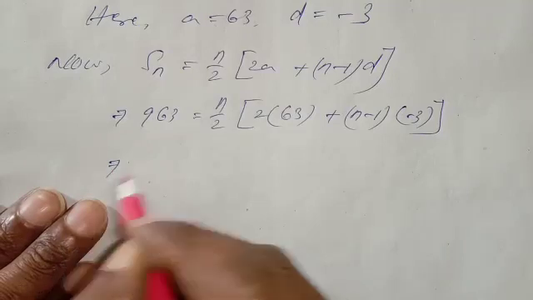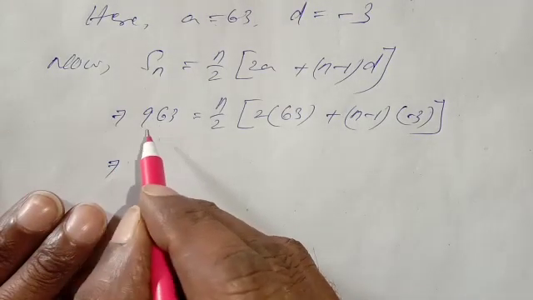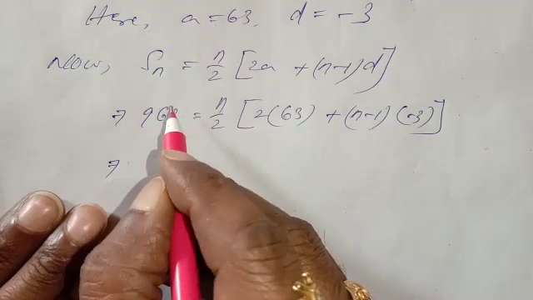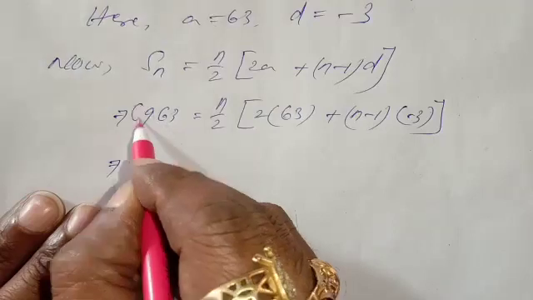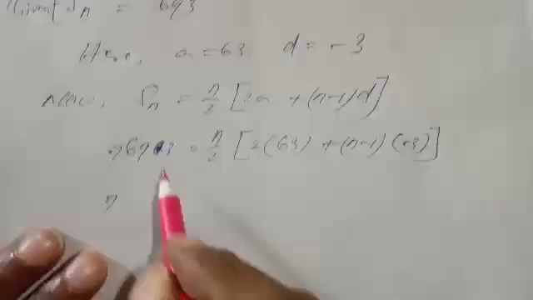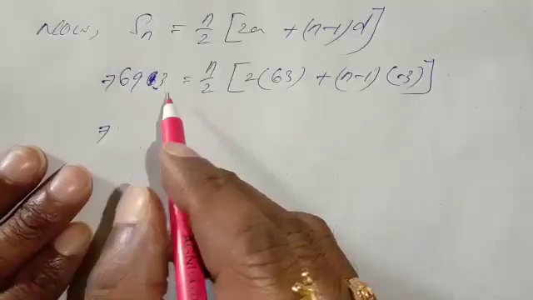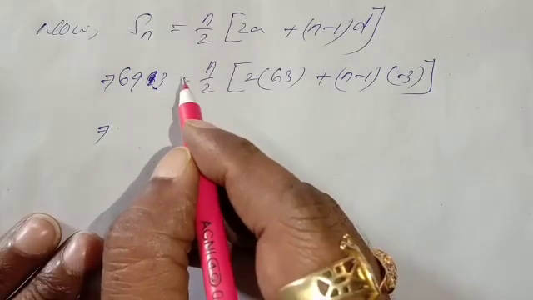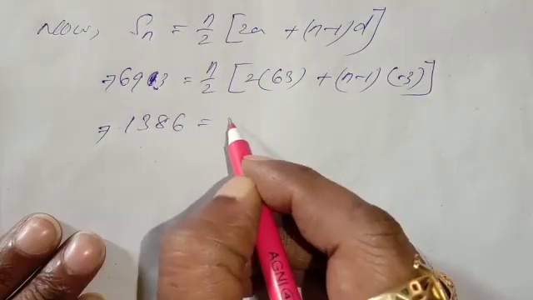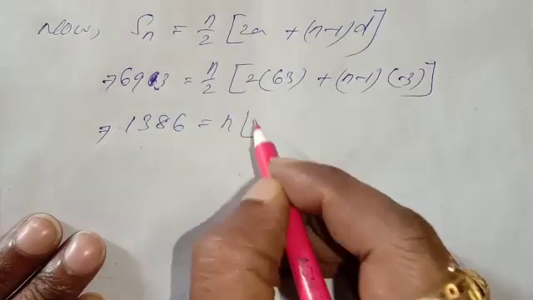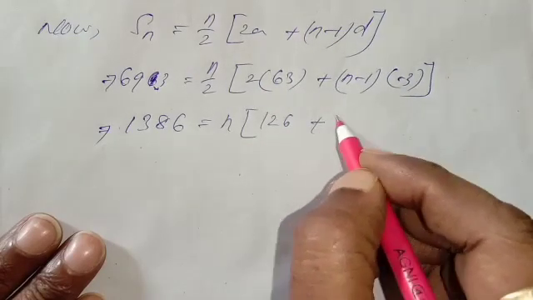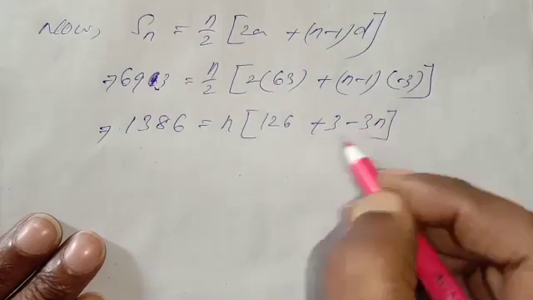Now just simplify. We bring the 2 to this side. Sn is given as 693, by mistake I had written something else here. 693 into 2 comes to 1386, which is equal to n whole into 63 into 2, that is 126, plus 3 minus 3n.